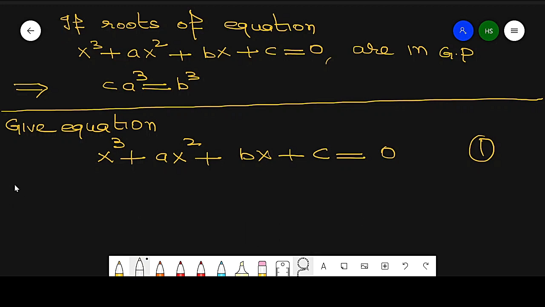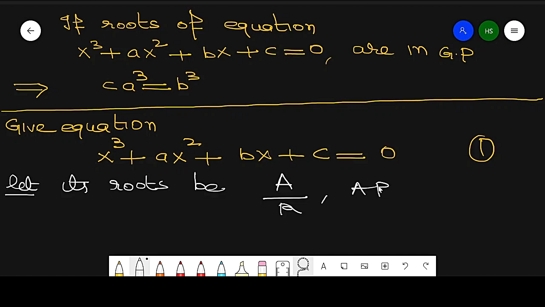Now, because the roots are in GP, let its roots be a over R, a, and aR.